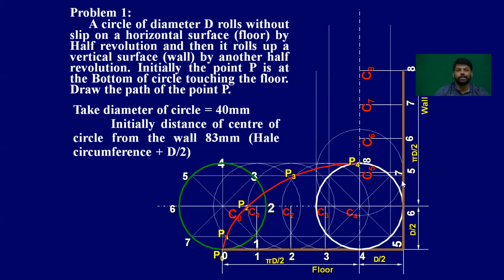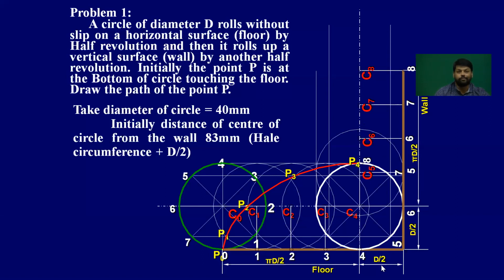Next, for C4 you already marked the point P4. For C5, take the radius of the circle passing through line 5 here.